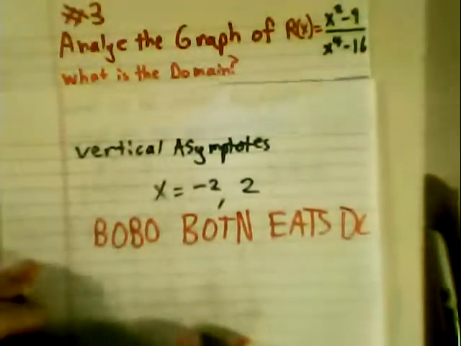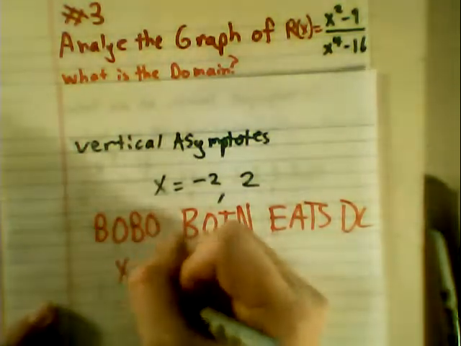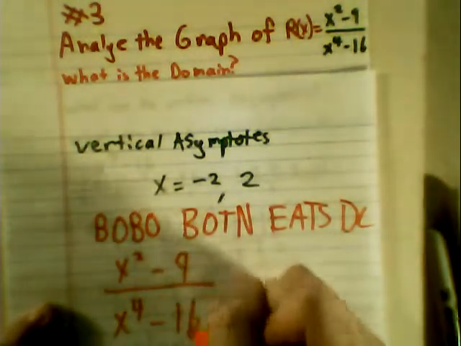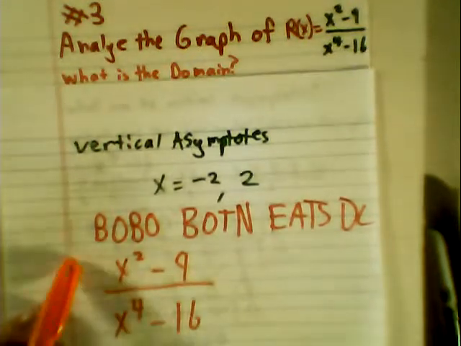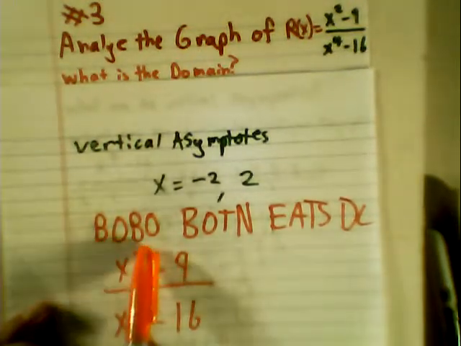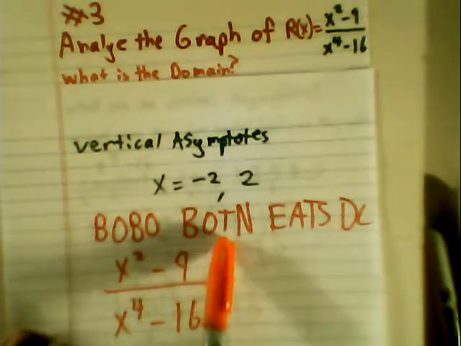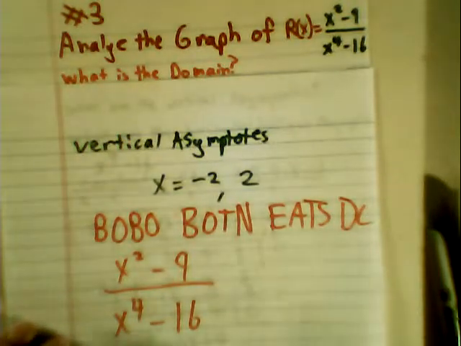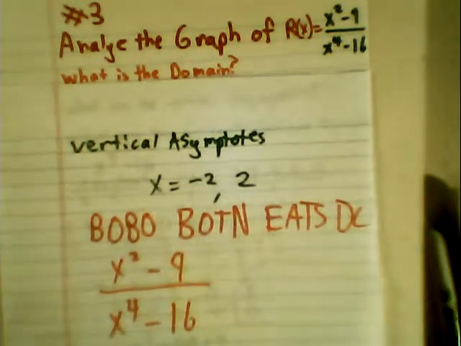Okay, so our equation was x squared minus 9 over x to the 4th minus 16. Okay, so now this is 3 different things. Bigger on bottom, y equals 0. Bigger on top, you don't have a horizontal asymptote, but you have an oblique asymptote. And then each DC is if the exponents are the same, divide the constants.